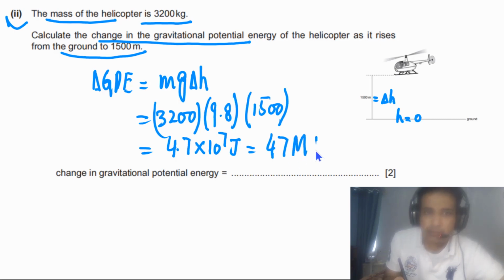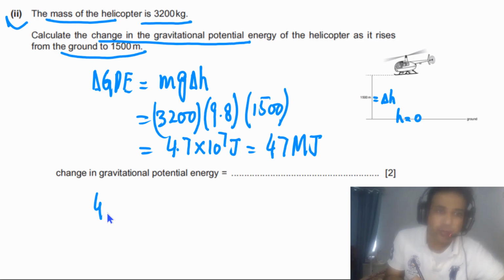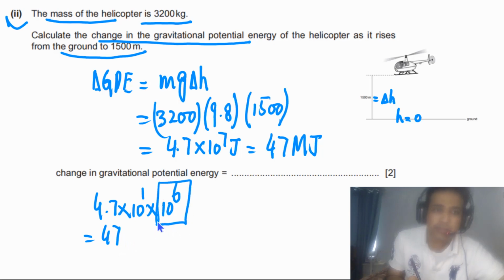Because 4.7 times 10 is 47, and 10 to 6 is mega. So this is 47 megajoules.